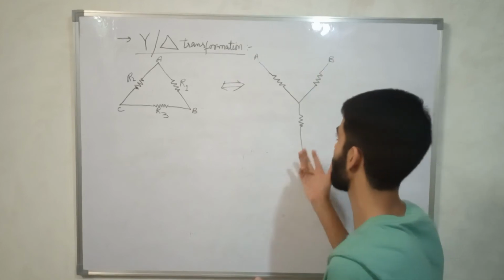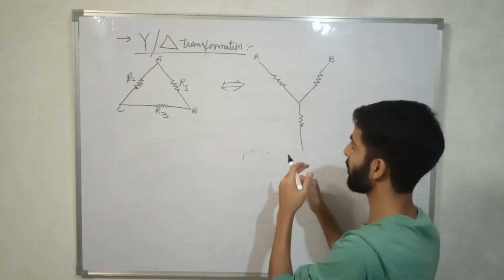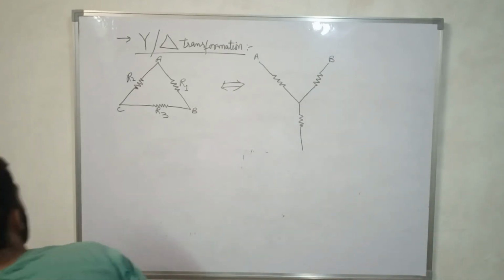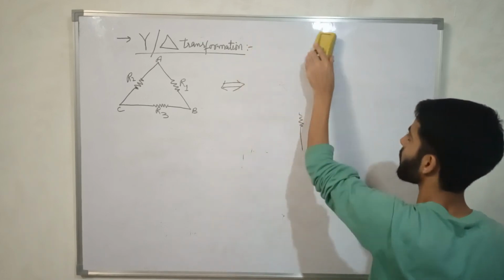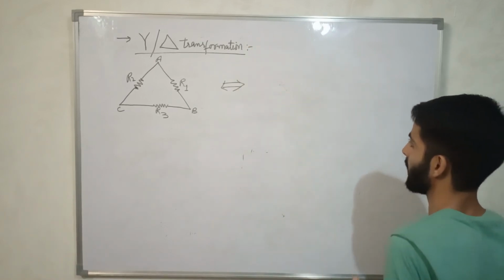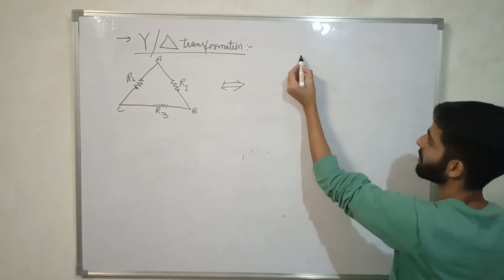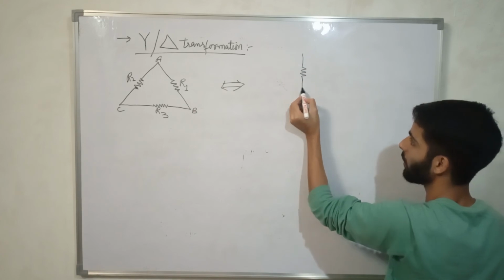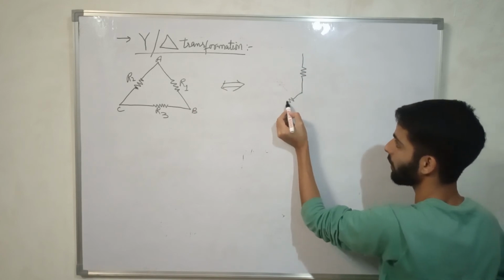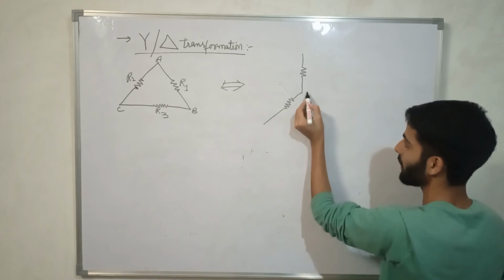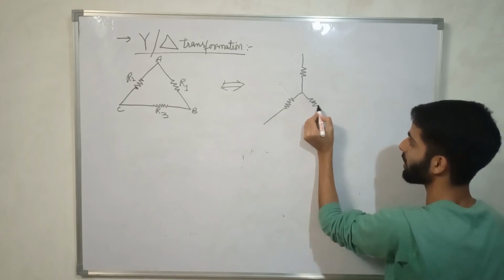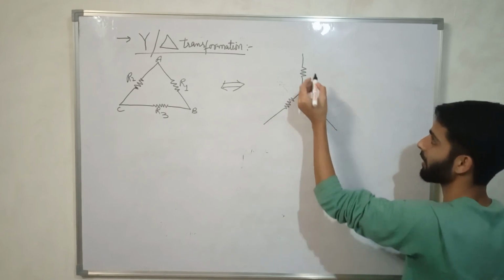For our convenience, let us make it inverted. Wiping it out and rearranging it. Let us make it like this, so that it will be convenient for us and we will not make any mistake.